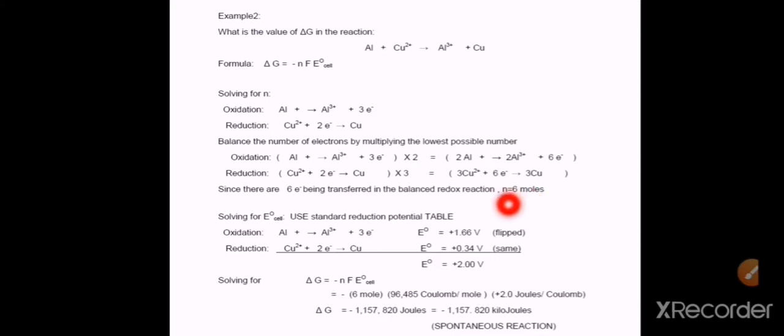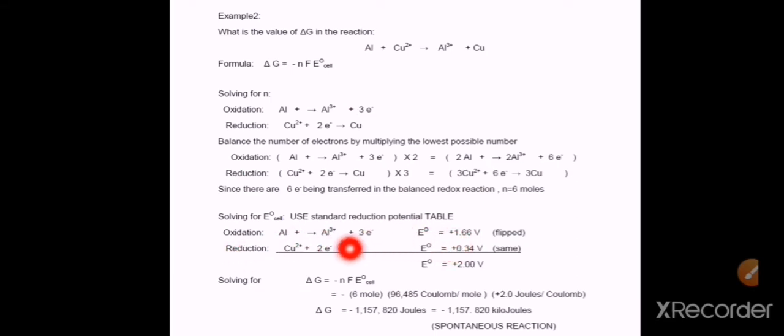Now, for this case, unlike kanina dun sa unang example na given ang cell potential, ito hindi binigay yung cell potential. So, you have to recall how to compute for that cell potential using the standard reduction potential table na nasa lecture notes ninyo. Okay, so hahanapin ulit natin. The oxidation half reaction will be flipped at ang value niya ay positive 1.66 volts.